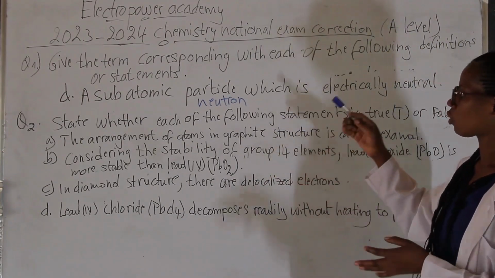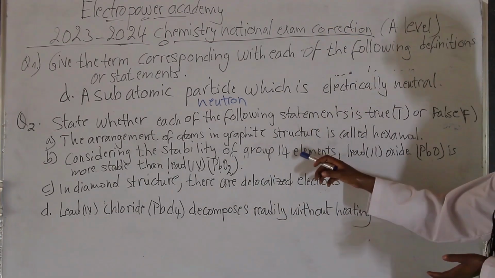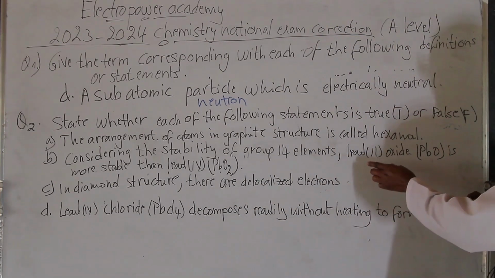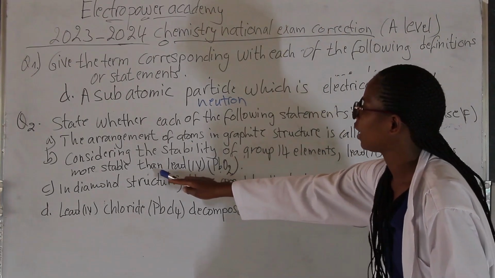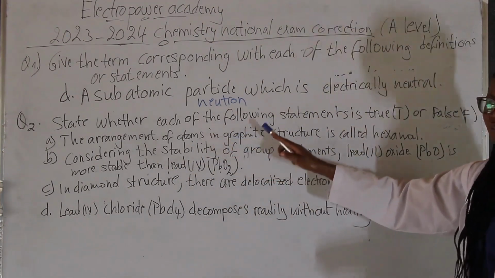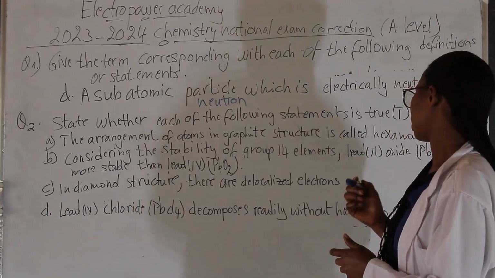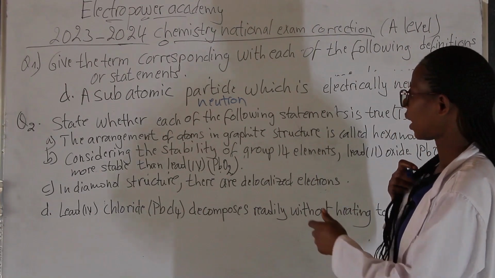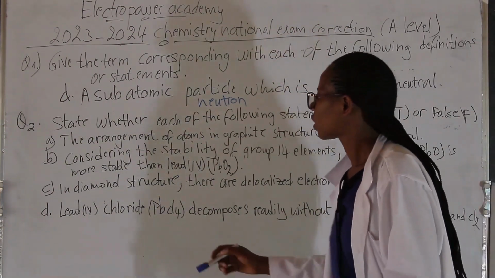Because you know for group 4 elements, oxides with oxidation number of 2 are more stable than oxides with oxidation number of 4, considering lead, and even other elements from group 4 down from carbon to lead.